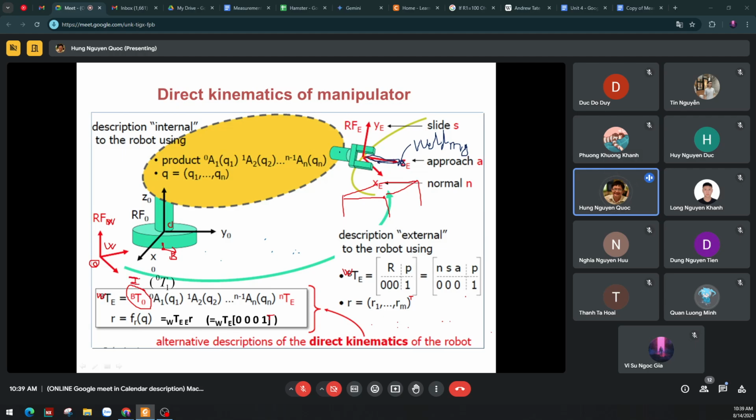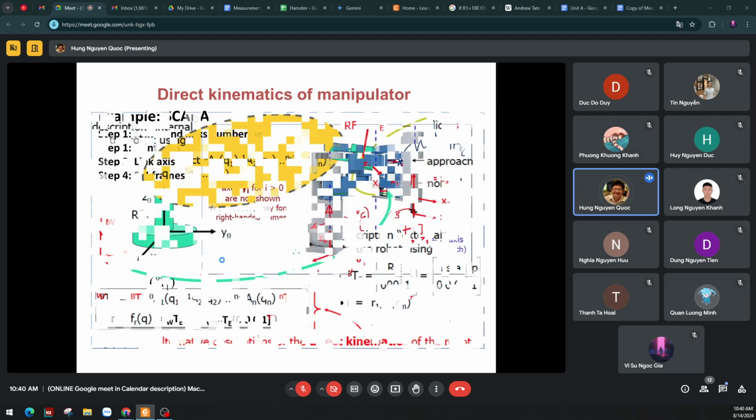Usually the base and 0 are the same, like this one.